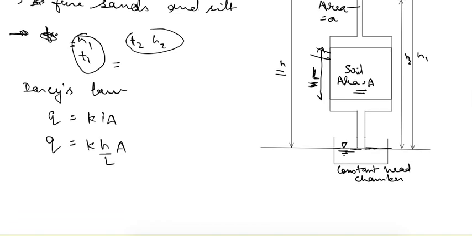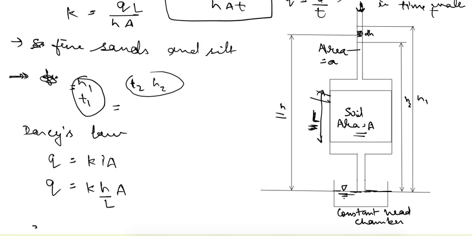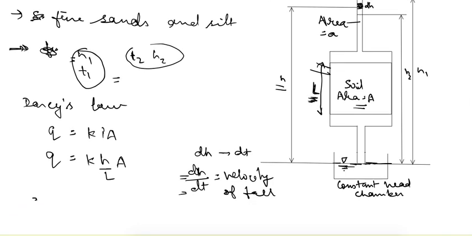And one more way by which we can write Q: let's say dh is a small drop in head, so for a dh drop it takes dt time, so dh by dt will be the velocity of fall, because dh is the length and length by time is the velocity.